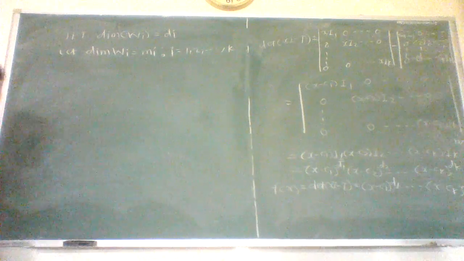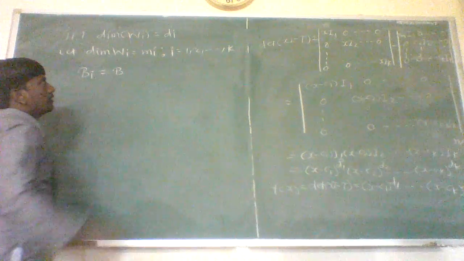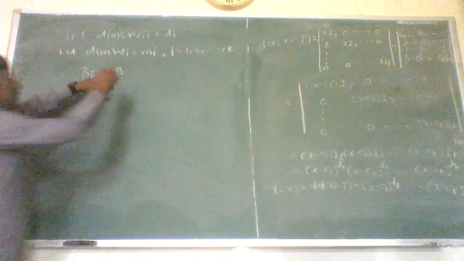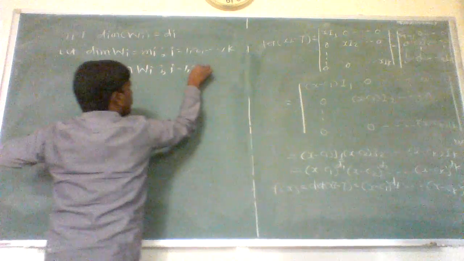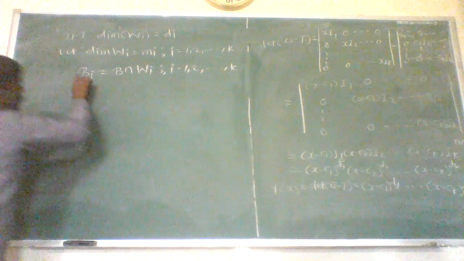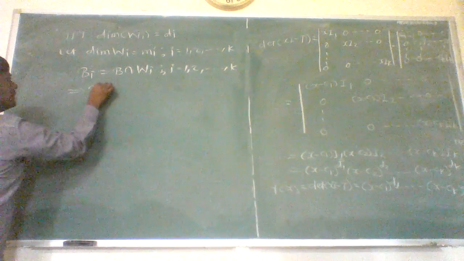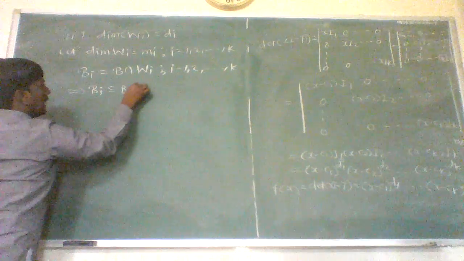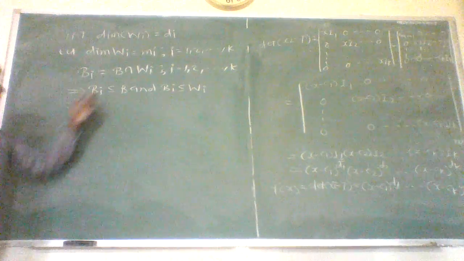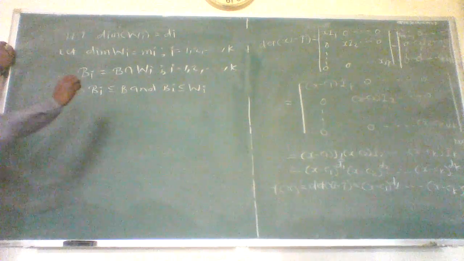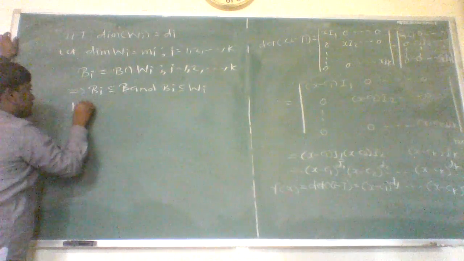If we take a basis for this Wi, that is curly Bi, then it is nothing but a basis of the whole vector space V intersection its subspace Wi, whenever i is running from 1 to k, which is from the definition of basis. Now Bi is nothing but B intersection Wi. Then curly Bi is a subset of B and curly Bi is a subset of Wi.